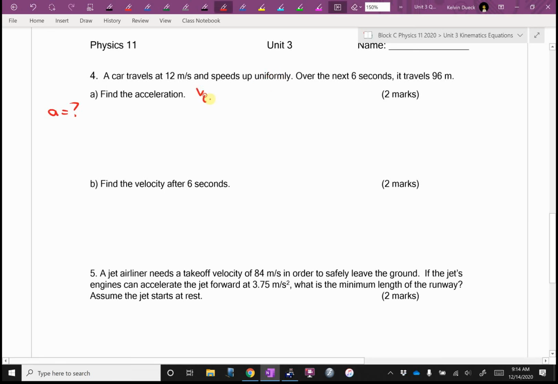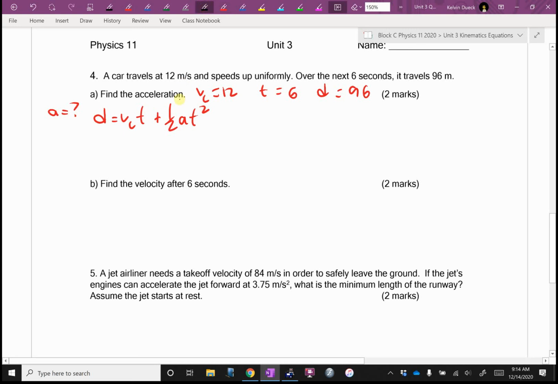I think VI is 12, T is 6, D is 96. I think we're going to use D equals VIT plus a half AT squared. And you'll notice I wrote this one out because I already tried to do it in my head, and I said, this one's tougher, Shay. I better write out the original equation first, just to get a feel for how it's put together.